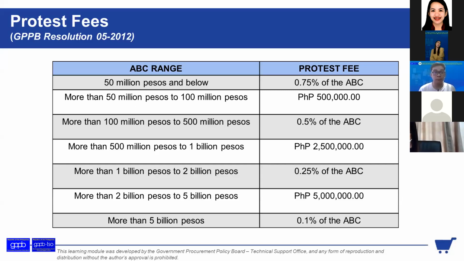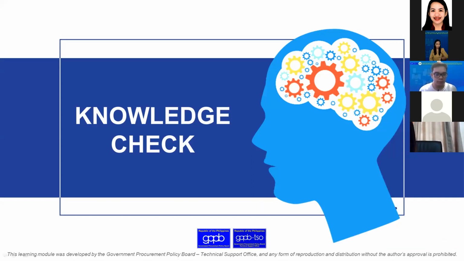So, let's go to the knowledge check again before we end our discussion. All right, Attorney. So, we have come to the last knowledge check for this first session. The question is, the non-payment of the protest fee does not toll the prescriptive period for filing a protest, and it becomes a justifiable basis for the HOPE not to entertain a protest.